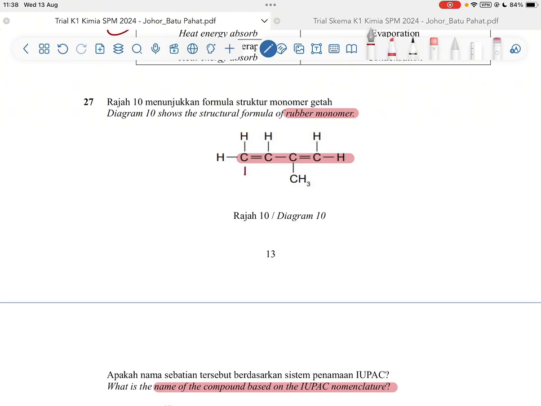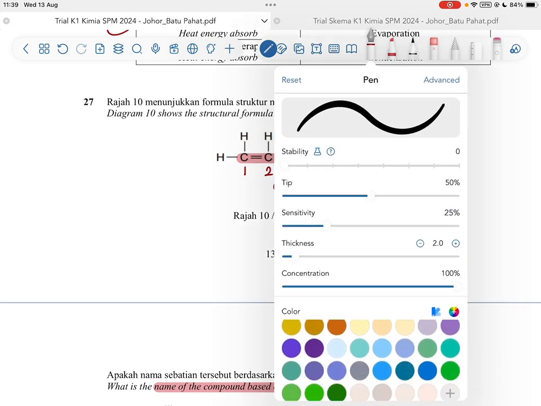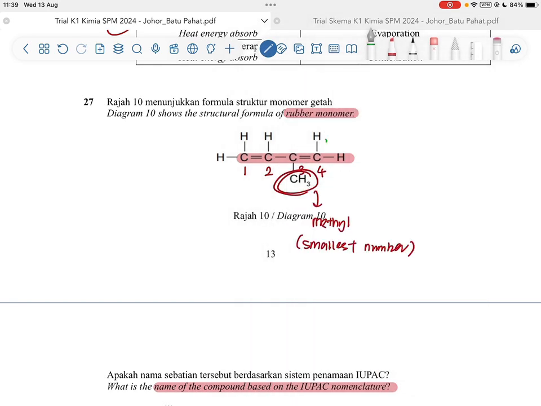So in this case, we can calculate first. The parent chain has 1, 2, 3, 4 carbon. We need to know that this CH3 is a methyl group. This methyl group must contain the smallest number. If we look at the red number, it is 3. But if we look from another way, it could be 1, 2, 3, and 4. So for sure, we need to take the smallest number, which is 2.